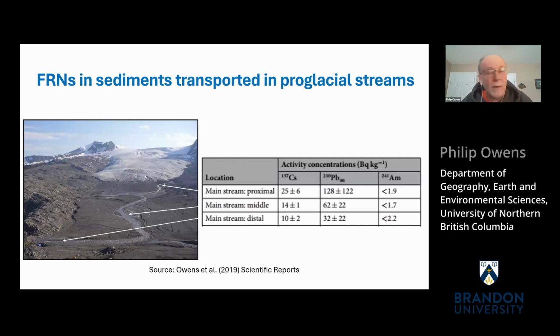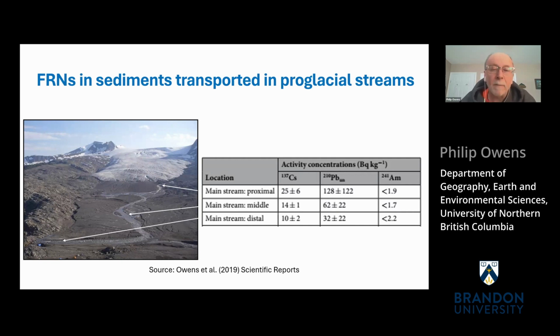So we're seeing a lot of release of these contaminants that are stored in the glacier, both in the meltwater and the sediment. When the glacial ice melts and releases water, the sediments on the surface of the glacier absorb it. What does that mean for the downstream environment?